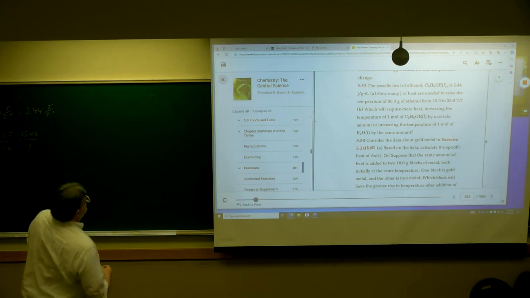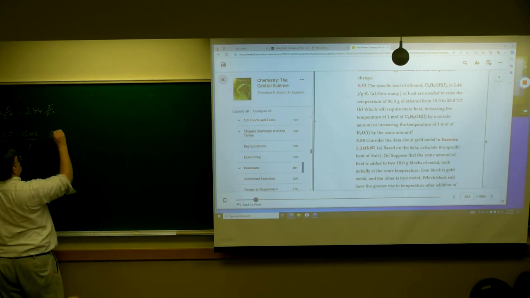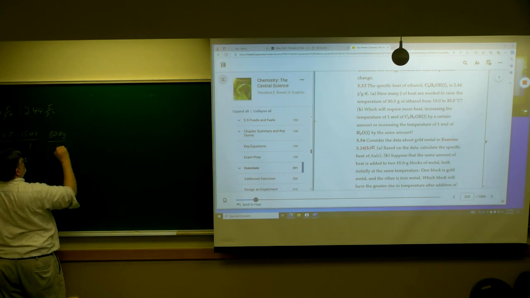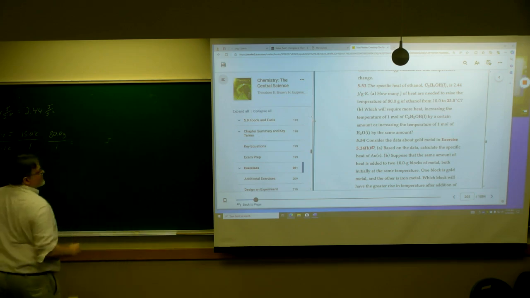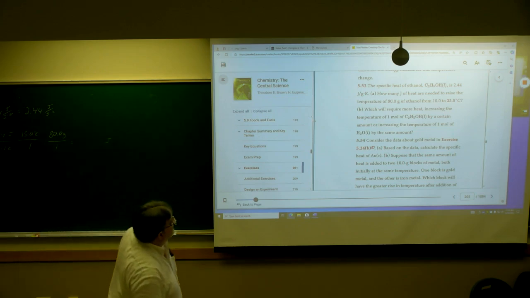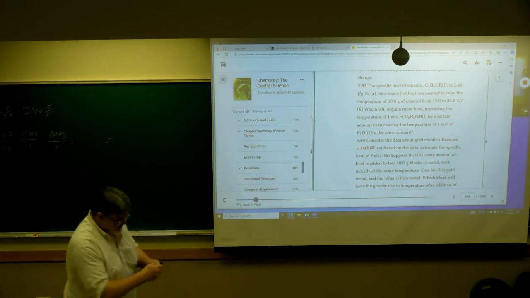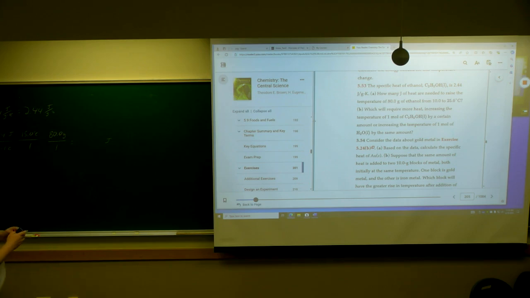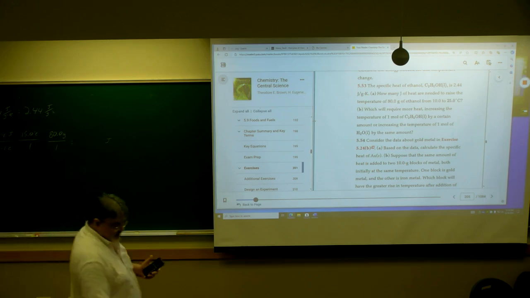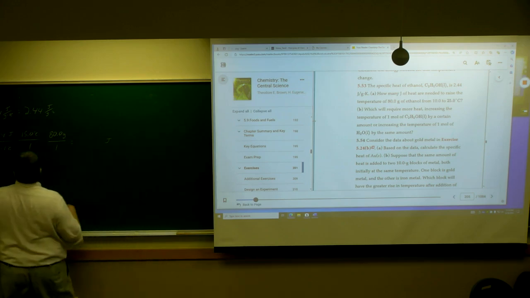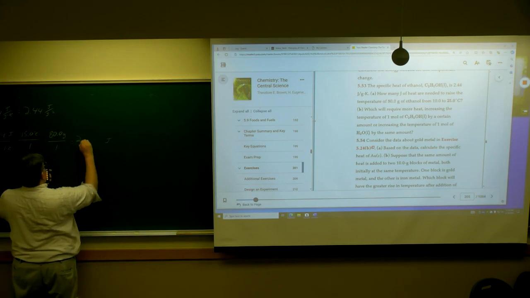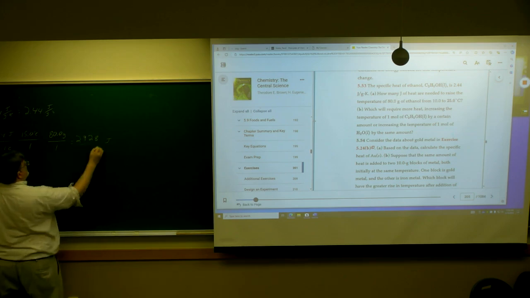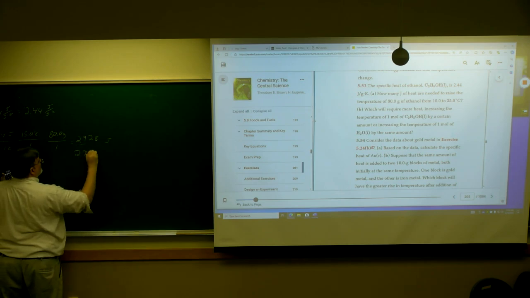It's 80 grams. That'll do it. That'll give you number of joules. Three significant figures. My calculator says 2928. If we're keeping 3, then it's 2930.